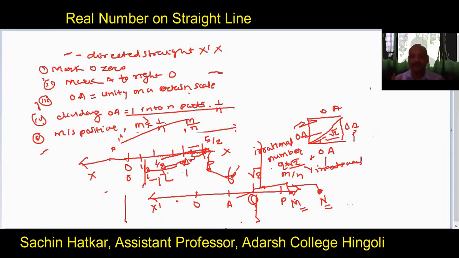We know that rational plus irrational gives the set of real numbers, and for every real number there is a point. That means every point on this straight line is represented by a real number, and conversely, for every real number there is a point on the straight line.